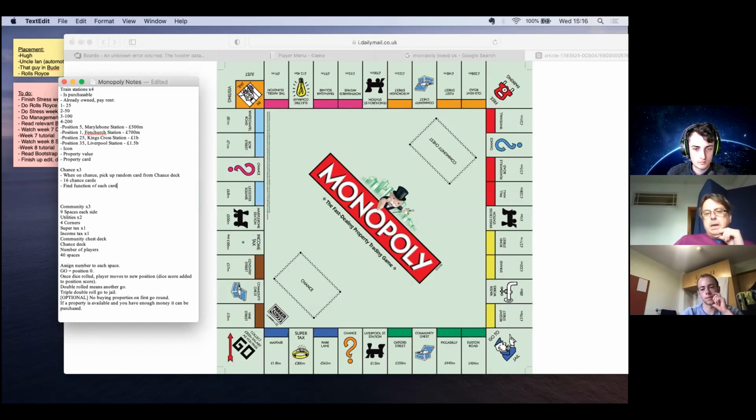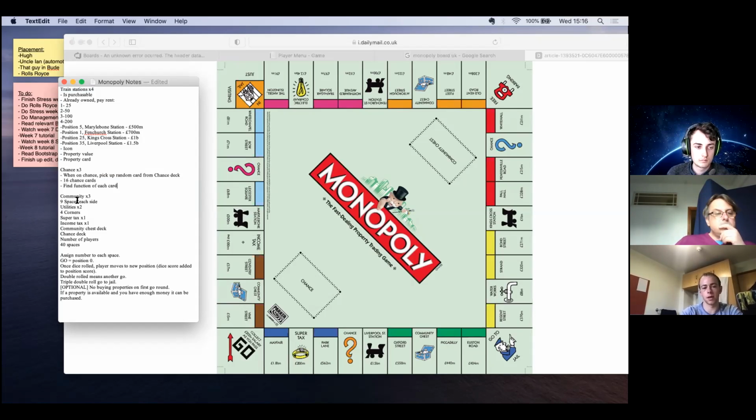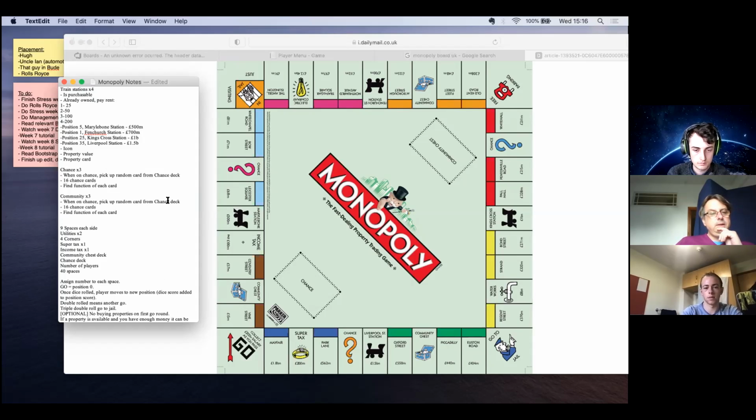And the community chest is basically the same thing, isn't it? But with a different name. Yeah, I'd say so. I guess this will come into play when we find the function of each card, but there is a get out of jail free card, which you keep. Is that community chest or chance, do you think? I think there's 2 in community and 1 in chance. Oh, cool. So these cards are keepable. Yeah, just the get out of jail free ones.